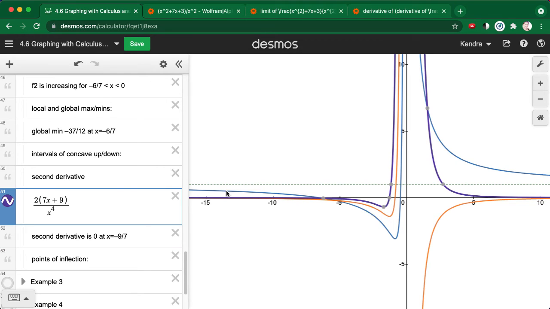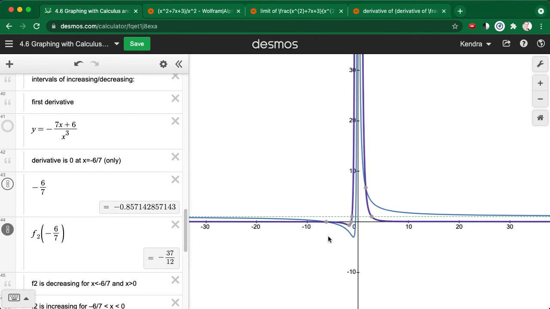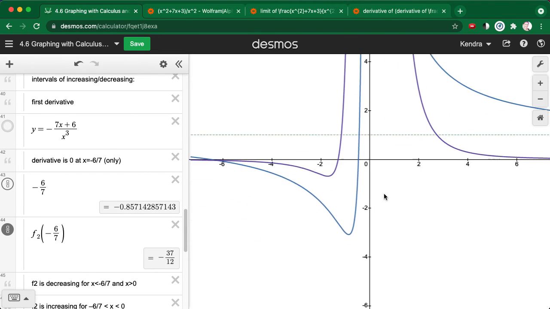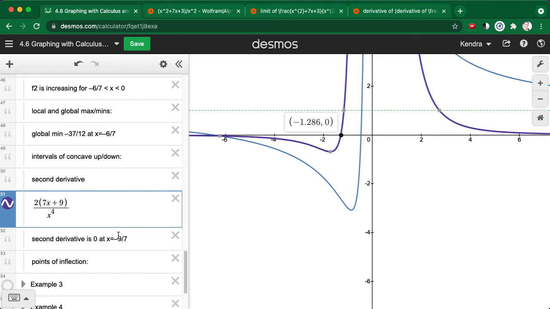This is where the second derivative switches. Let me get rid of that first derivative, it's confusing things. If the second derivative is negative, that tells us the function itself is concave down. If the second derivative is positive, that tells us the function itself is concave up. So it looks like I have a point of inflection right around here, which feels about right in terms of the shape of the graph.